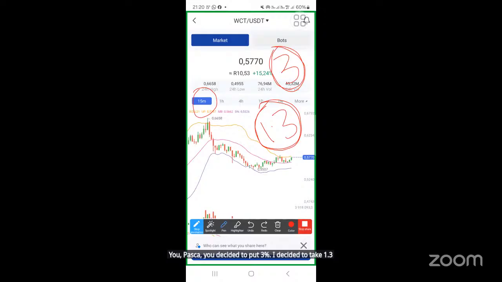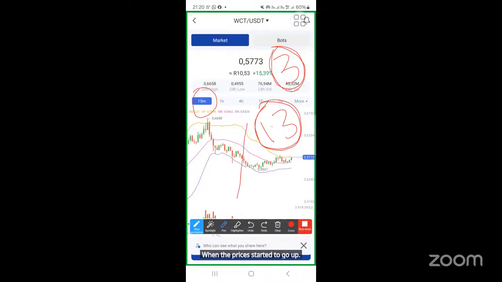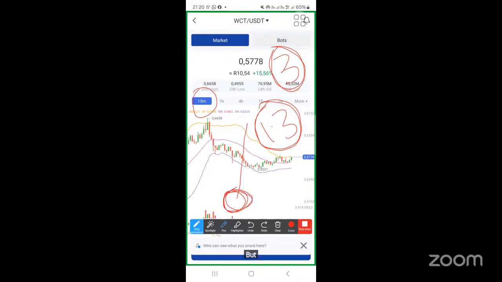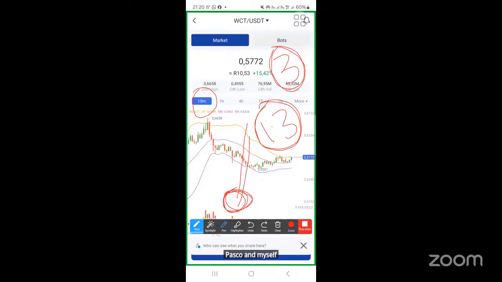So now I want to ask you this question, Pascal. When the prices started to go up, from where we entered, me and you, we entered at the same price, but the difference is only the take profit amount. So now, when the prices start to rise, between me and you, Pascal and myself, who is going to get out first?